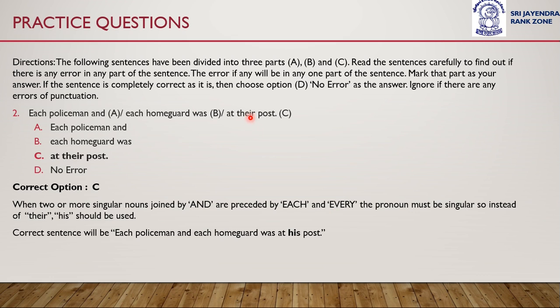The correct sentence will be: each policeman and each home guard was at his post. Not at their post but at his post. Why? Because both the nouns are preceded by each. Okay, so let's move on to the next question.